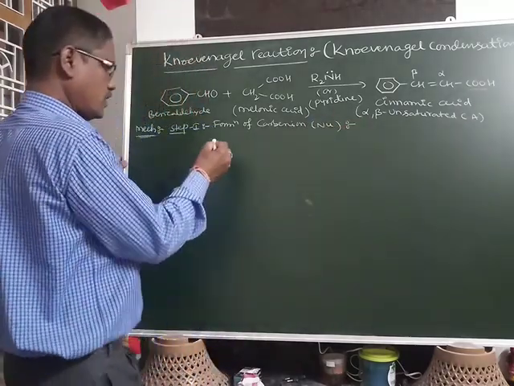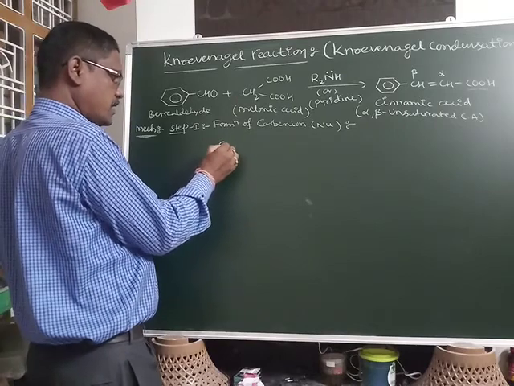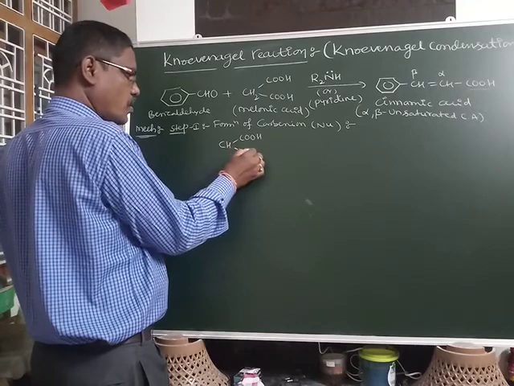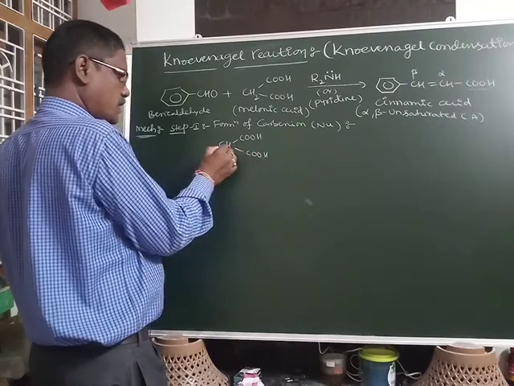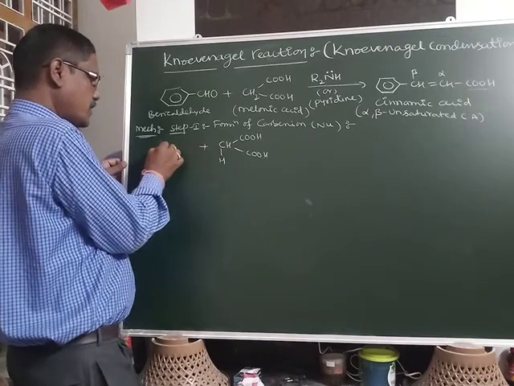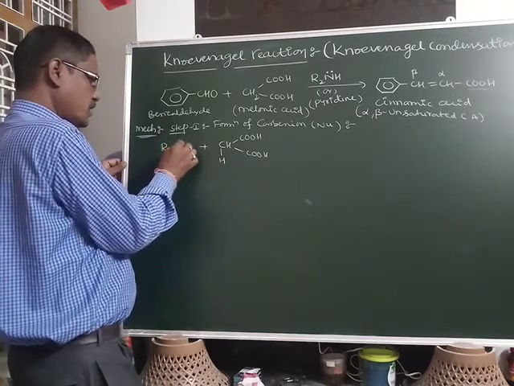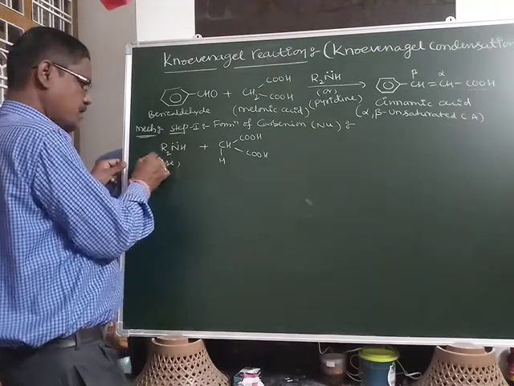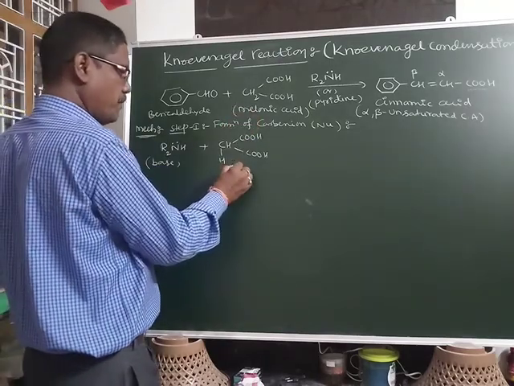Now I am writing CH, COOH and COOH, and separately I am showing one hydrogen, in the presence of R2NH. This is the base only. So this is the malonic acid.